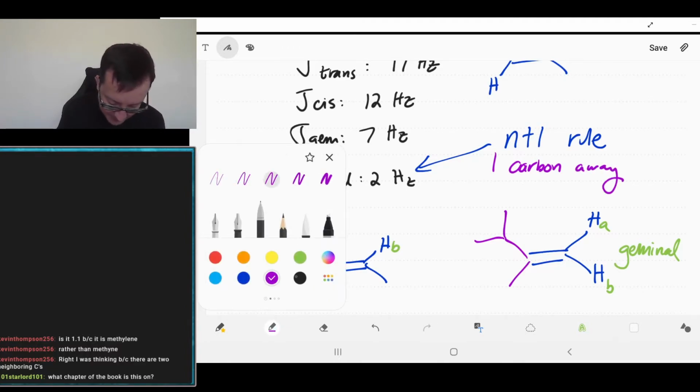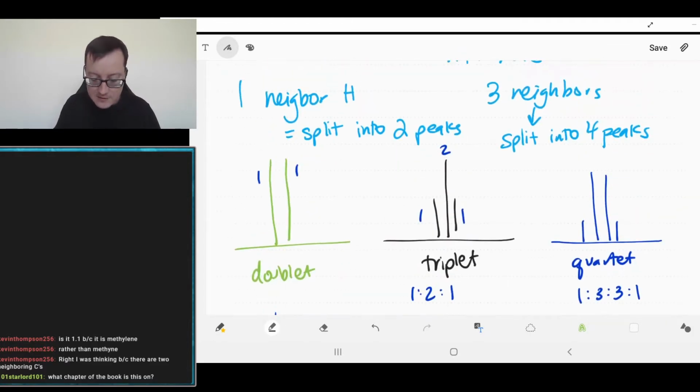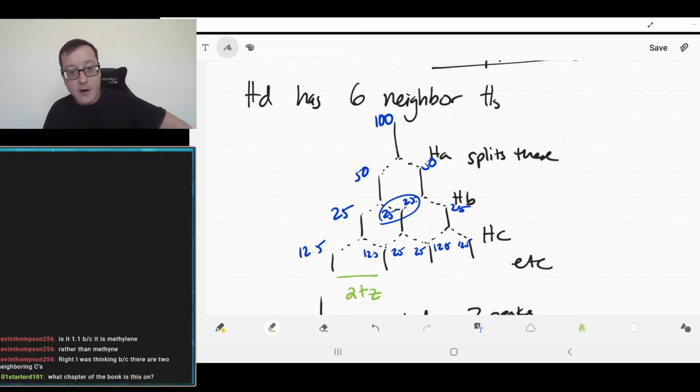What's weird about this is that they have different coupling constants. All the vicinal ones had about 2 hertz of difference, so ones that will shift you up by 2 hertz or down by 2 hertz. It's very small in terms of the actual ppm. When we looked at that septet thing that I abandoned, these were all splitting by 2 hertz.